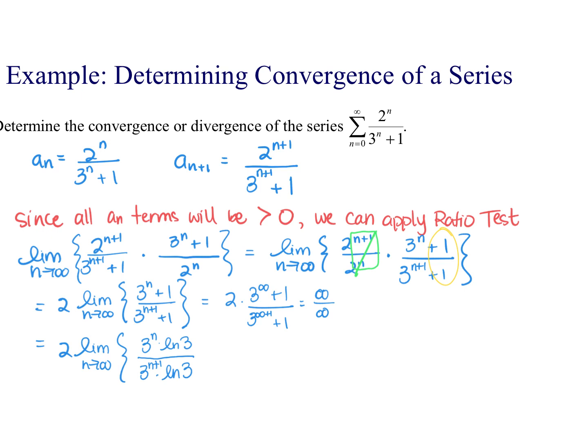The plus 1 is gone. I can reduce again. So I can reduce the natural log 3's for sure, and I can reduce these powers. Now there's an extra 3 in the denominator.